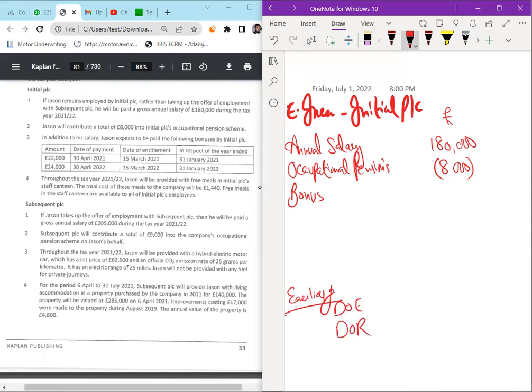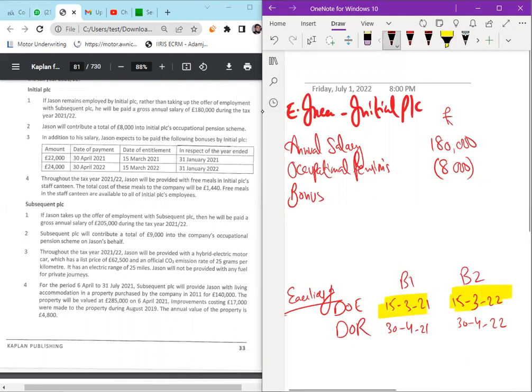Date of payment means date of receipt. 2 bonuses are there, so 30th April 21 and 30th April 22. Date of entitlement 15th March 21, 15th March 22. Bonus 1, bonus 2. We are going to select the earliest one. So March is the earliest date.